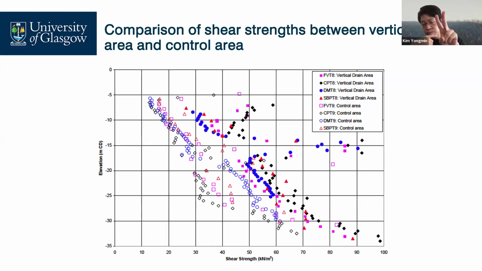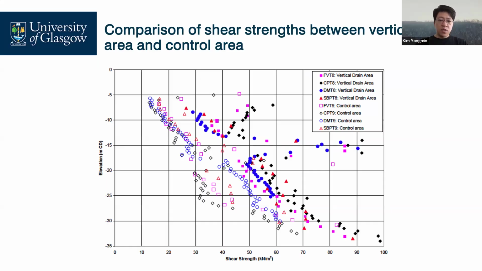We have two shear strength parameters: cohesion, C, and internal friction angle, phi. Cohesion means how they are attached or adhere to each other. And the internal friction angle means how they interact with each other.